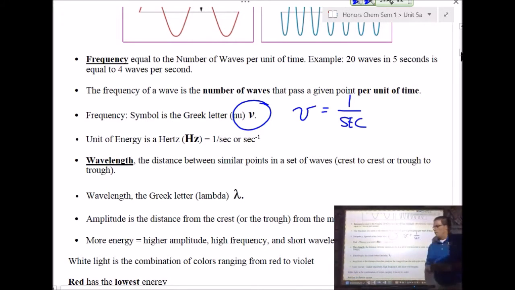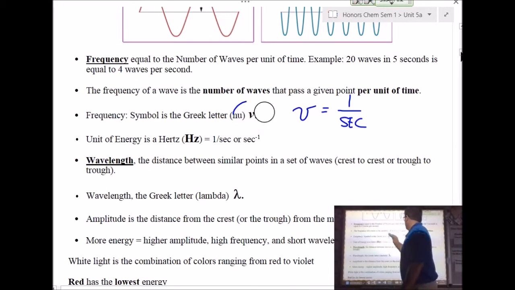Now, some of you might say, is 1/seconds the same as seconds? No, it is not. The one up here implies waves, but we don't say waves. So how many waves per unit of time is frequency?